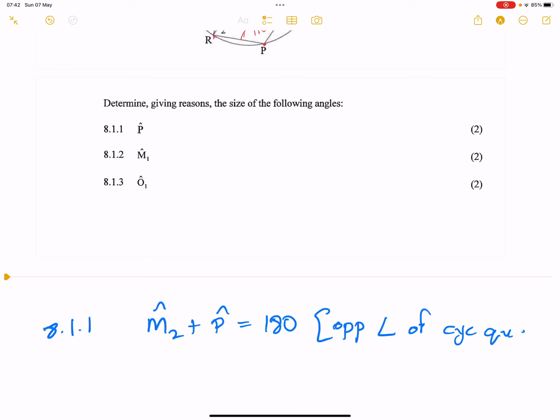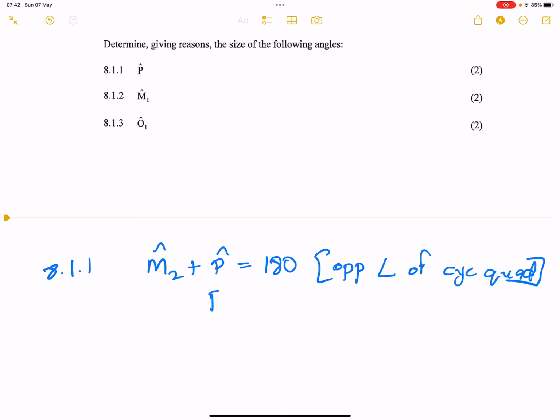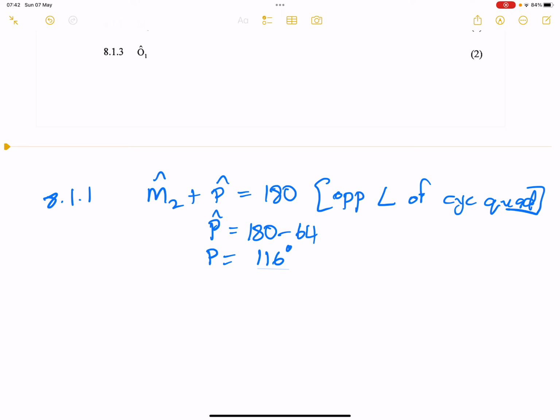Therefore angle P will be equal to 180 minus 64, and that's how we get that 116 degrees.